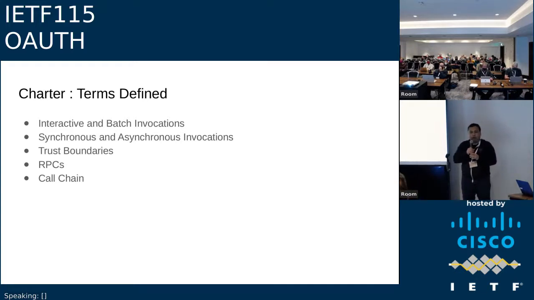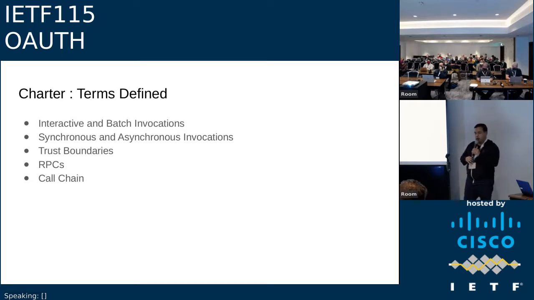So we would like to cover in this work both interactive and batch invocations. Interactive is where the user is actually present, and a batch invocation is where something is acting on behalf of the user. Then there are invocations which could be synchronous, where the expectation is that the call will return in a short period of time, or asynchronous, where it could take much longer.